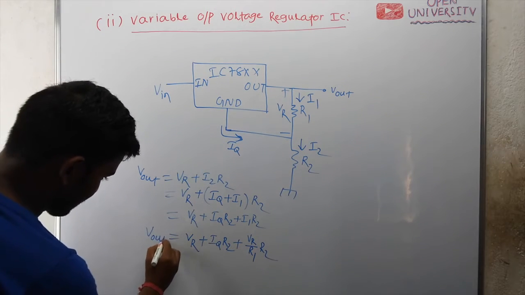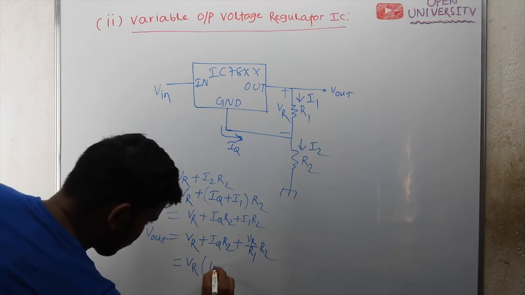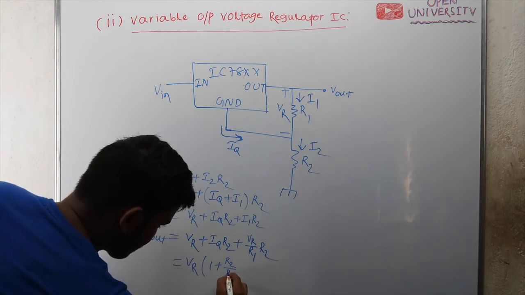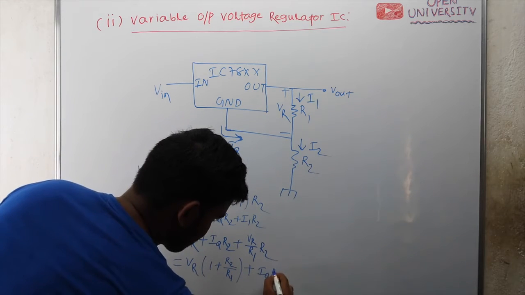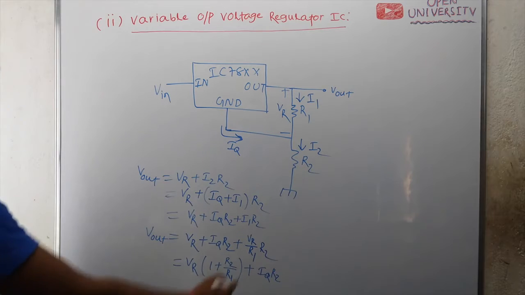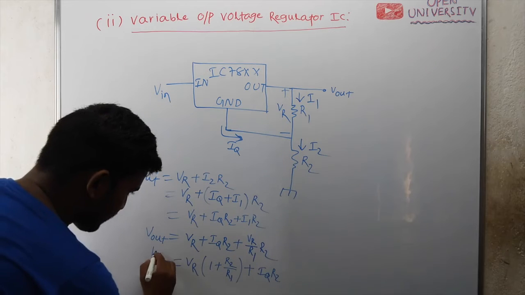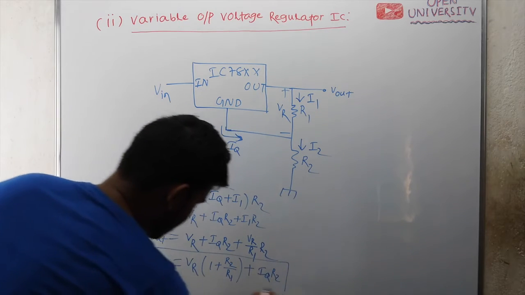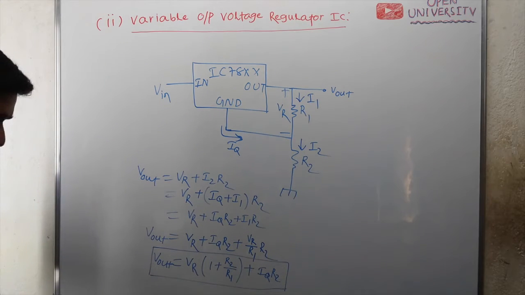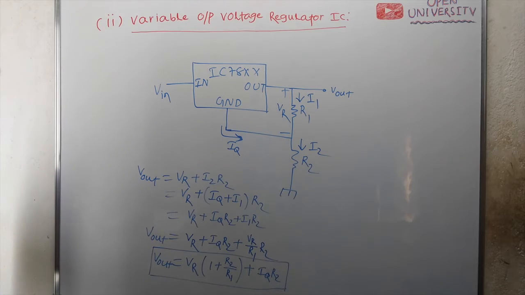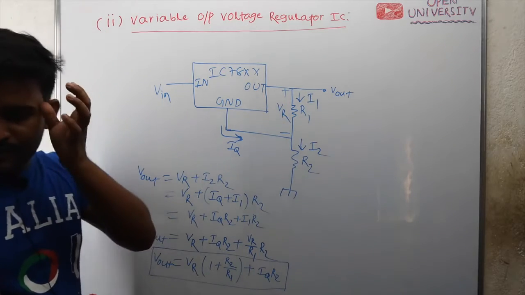This is your output voltage. Now if you bring the VR term common, it will be 1 plus R2 by R1, plus IQ into R2. This is the formula of this circuit. Output voltage expression will be VR into 1 plus R2 by R1 whole bracket plus IQ into R2. This is the output voltage expression.